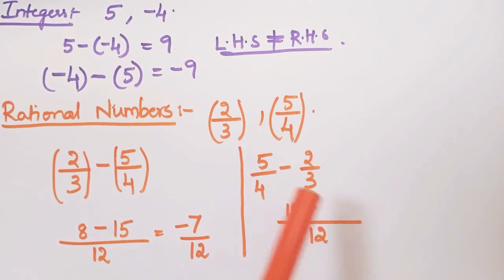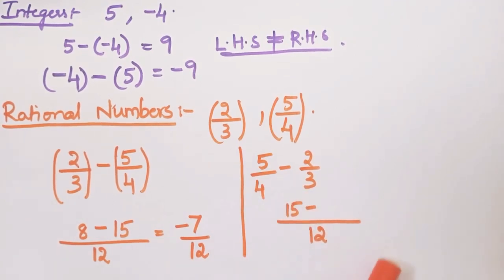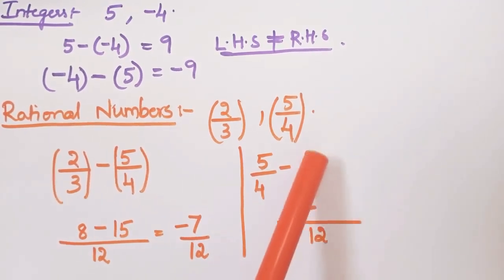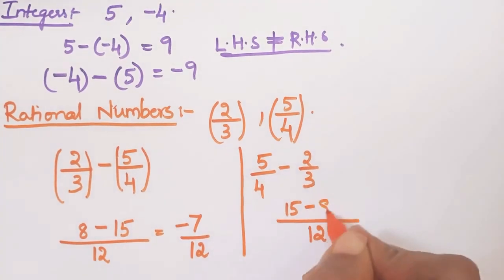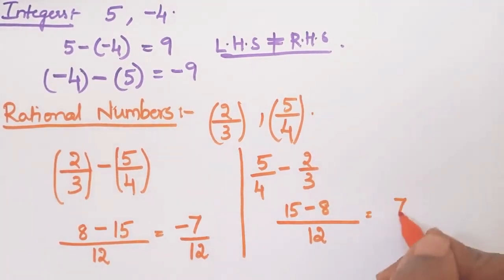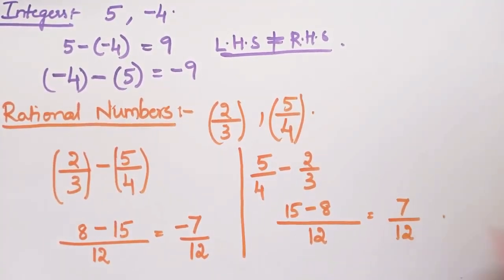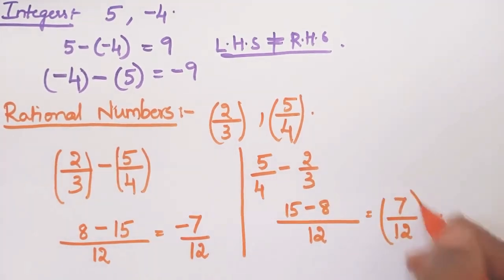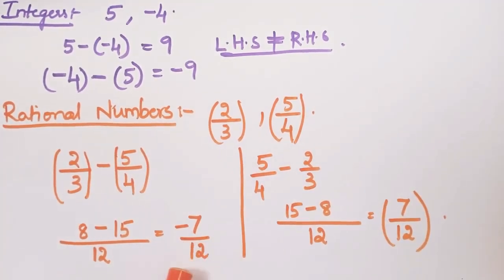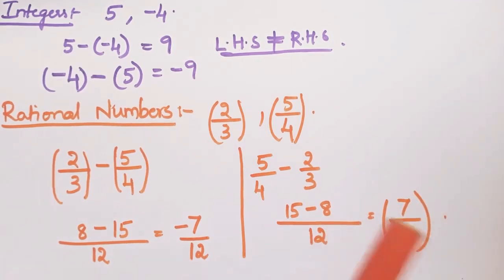When I divide 12 with 3, my quotient is 4. 4 twos, 8. I will get 7 by 12. Is minus 7 by 12 equal to 7 by 12? No. So we say that subtraction is not commutative even for rational numbers.